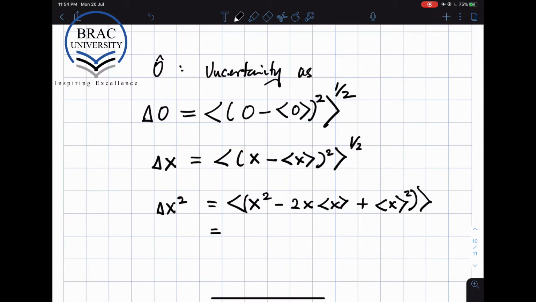Now the average commutes with the second term, which is 2 times the average of x, because this is just a constant. So this comes out of the average. And then the last term is just the average squared.